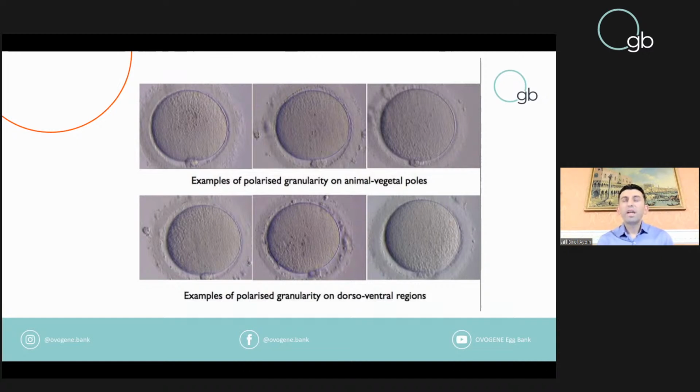Actually, there is no direct effect between such granulation and fertilization rate and embryo development rate, but it still affects survival rate. So for that, we are using an artificial intelligence algorithm, but of course, artificial intelligence needs some kind of equipment to measure this granularity.